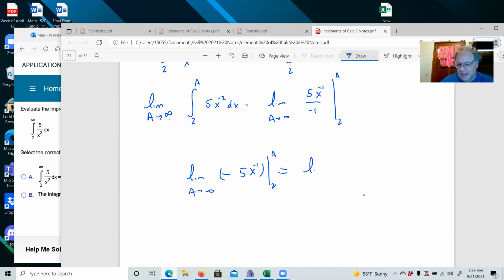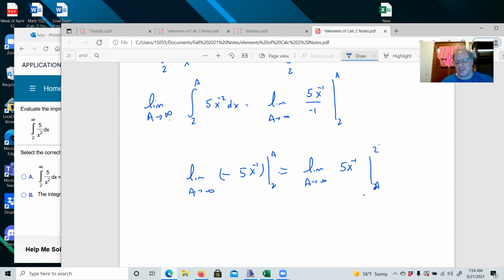So this is the same as the limit as a goes to infinity of 5x to the negative 1 from a to 2. What happened to the negative sign? The negative sign happened by switching my limits of integration. Instead of top one minus bottom one, it's really bottom one minus top one. That's where the negative sign went.